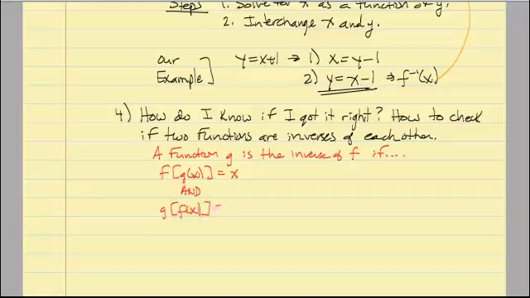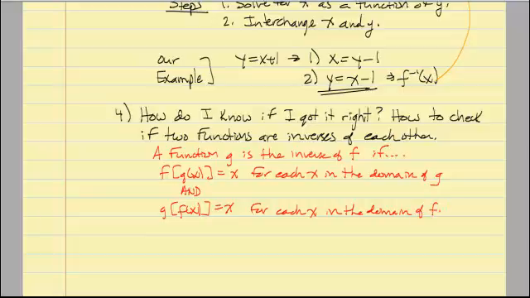And there's one more caveat we need to put here. For each x in the domain of g, and for each x in the domain of f. And this will come into play a lot with square root functions.